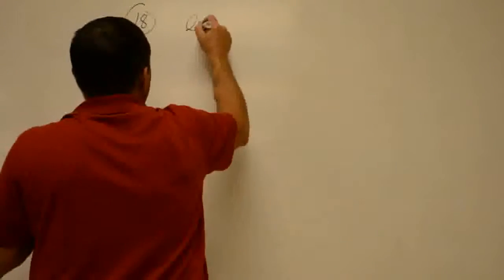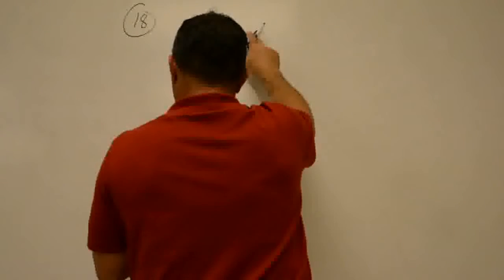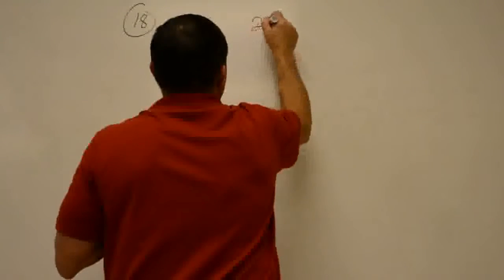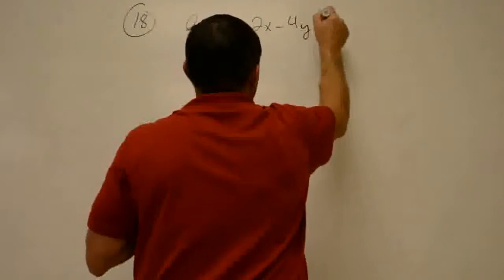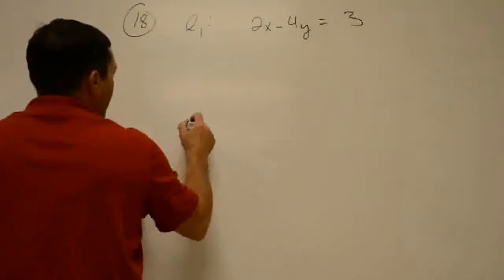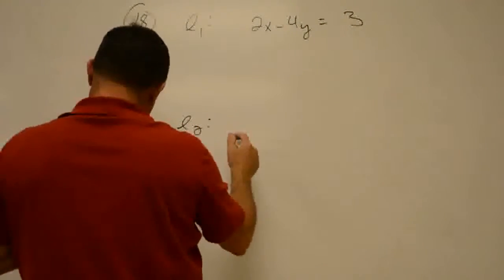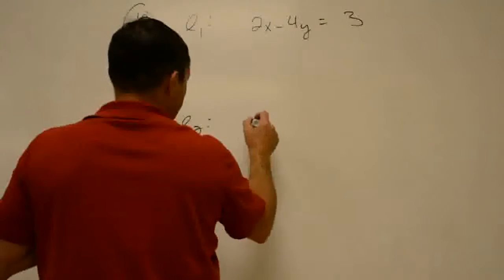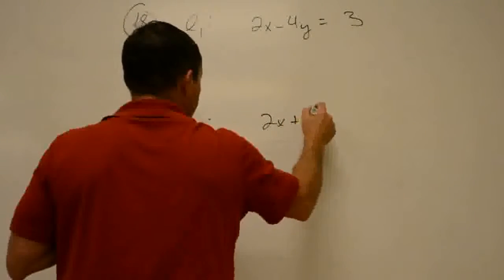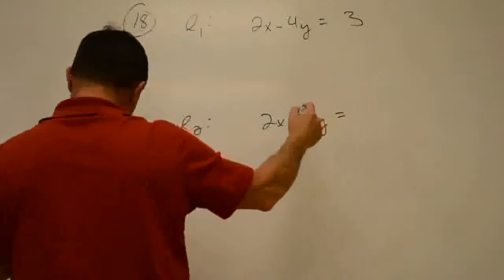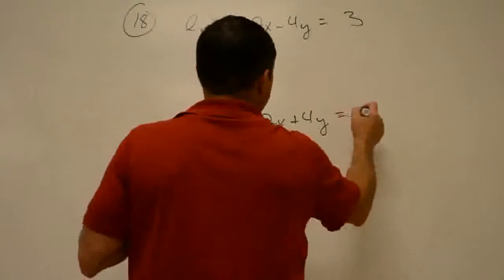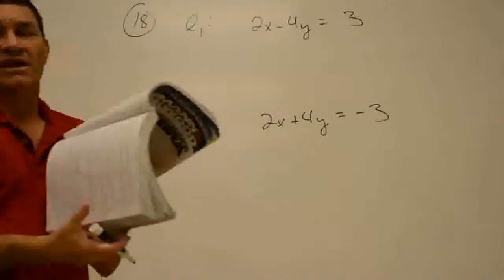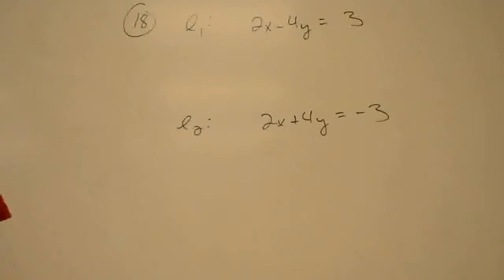I'm again going to be given two lines, line 1 and line 2, and I'm asked, are these two lines parallel or perpendicular or neither?